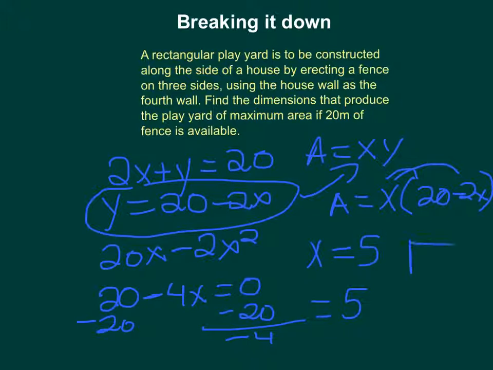If you go back to the picture we drew, you have the house, the yard, and we had an x right here and a y. So this x right here is now 5. So you have half the problem done.